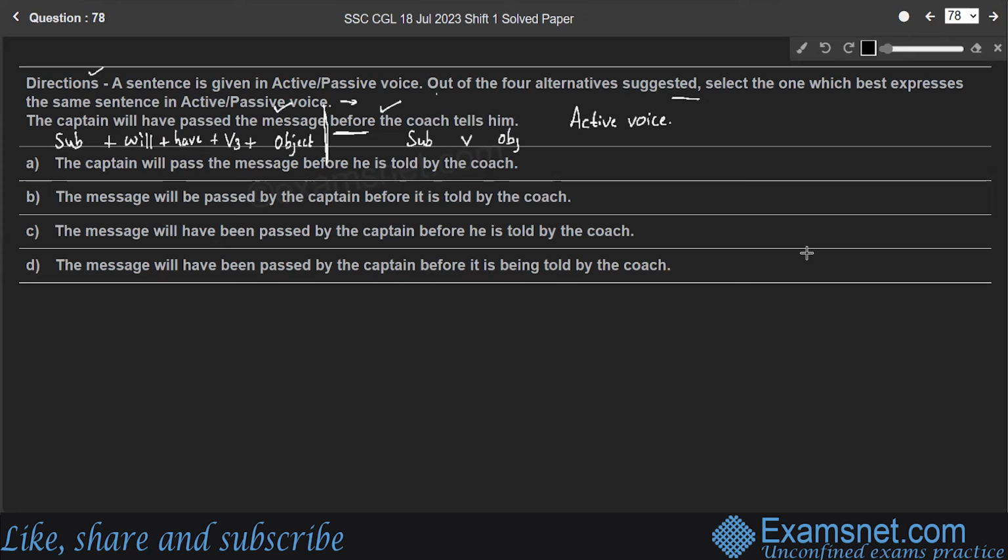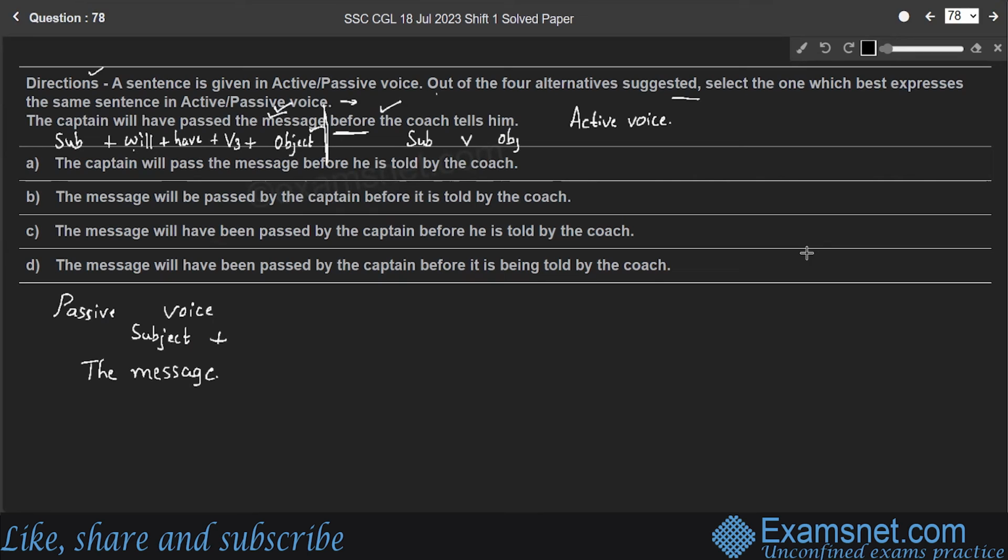In the passive voice form, the object of the sentence becomes the subject. Therefore the message becomes the subject in the passive voice, so we'll start with the message. The object of the given sentence becomes the subject, plus here the format becomes will have been.